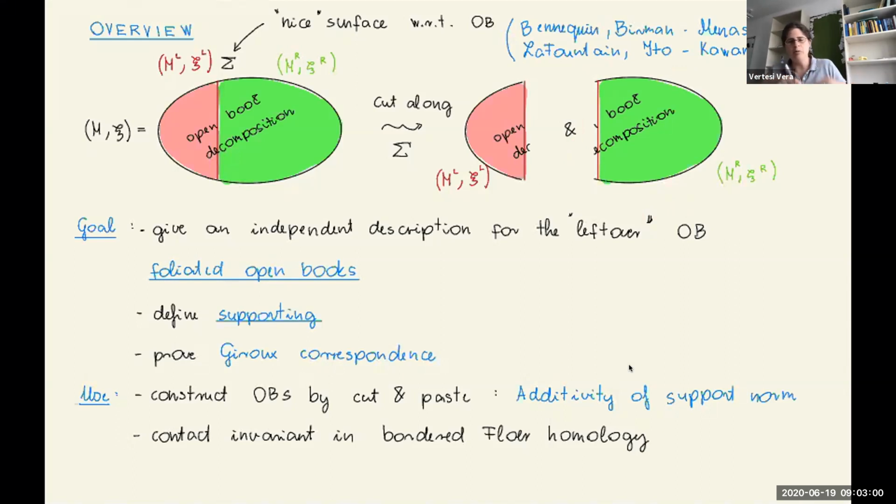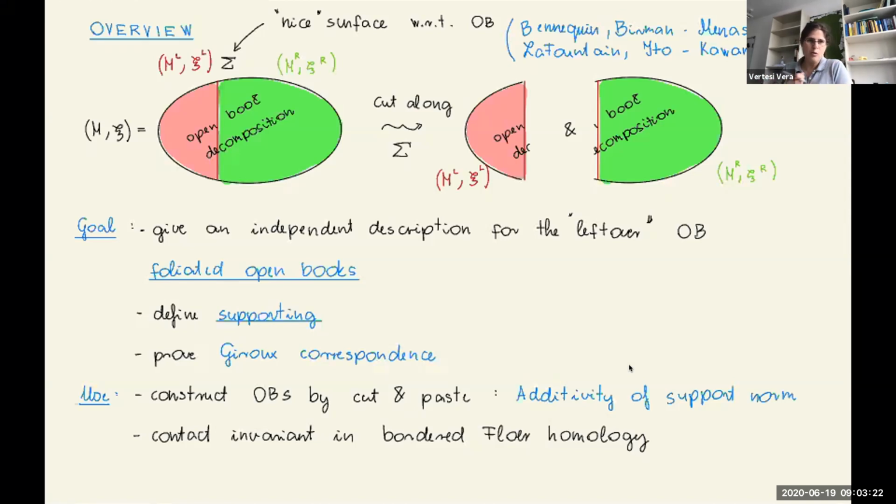And then we want to define what it means for a foliated open book to support a contact structure. We want to prove Giroux's correspondence for them, which I'm not going to do here now. And then we want to use it to prove things. There are already two applications which are completely done.